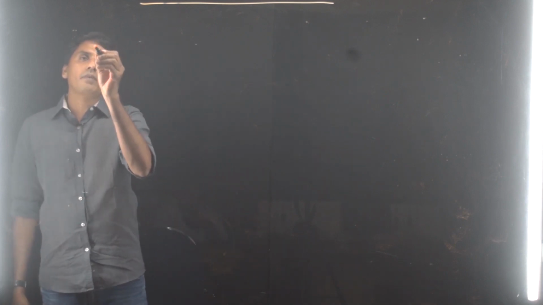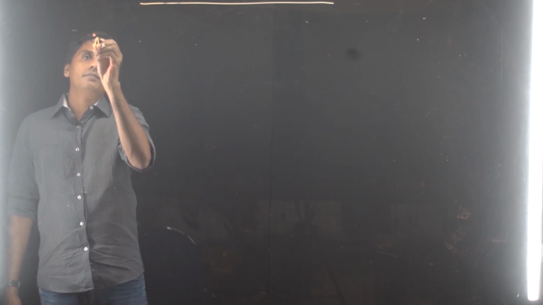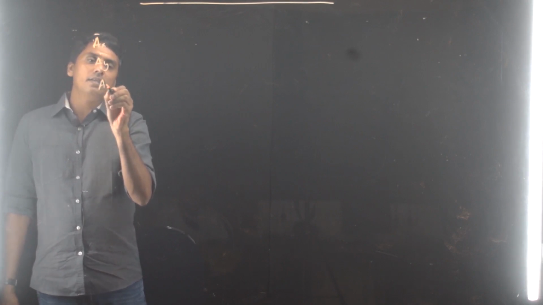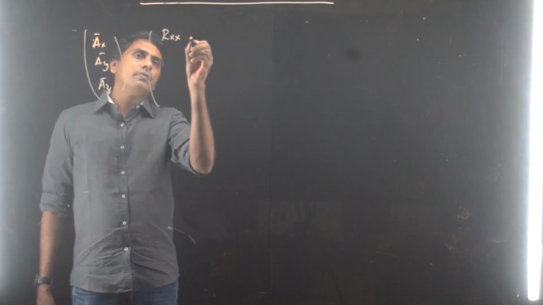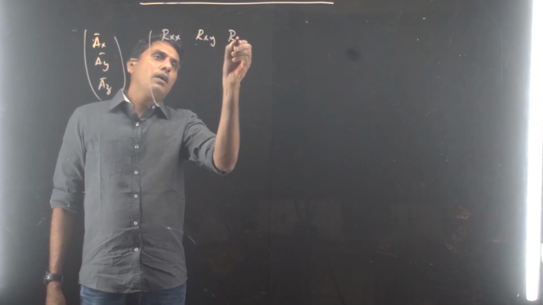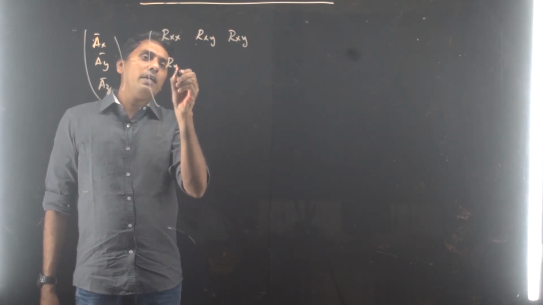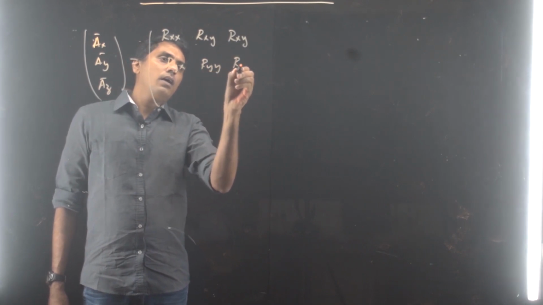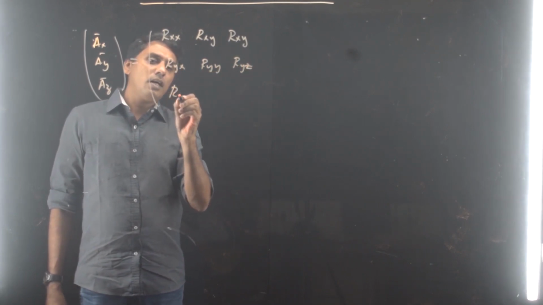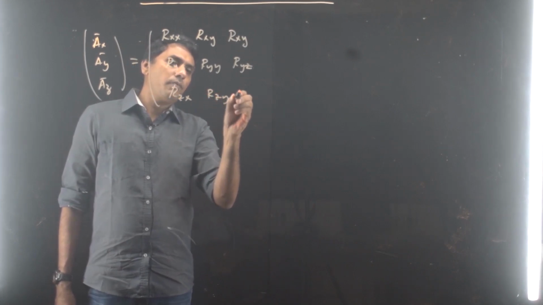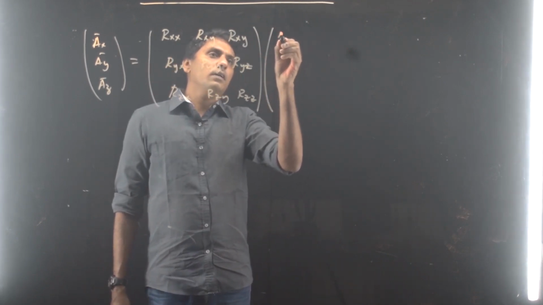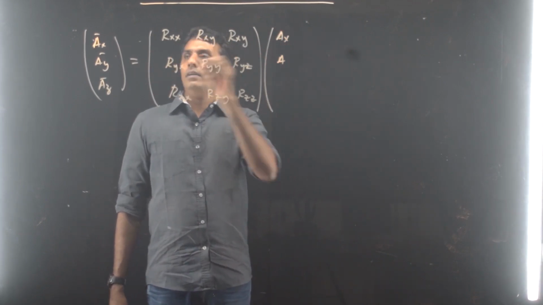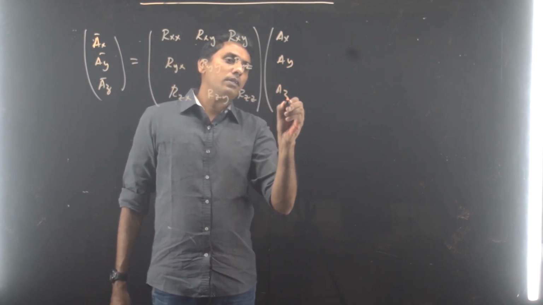Now if you take a general transformation, you can see that ax bar, ay bar, and az bar will be equal to the matrix rxx, rxy, rxz, ryx, ryy, ryz, rzx, rzy, rzz, multiplied by ax, ay, az.